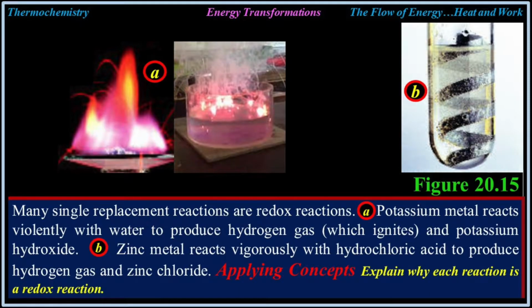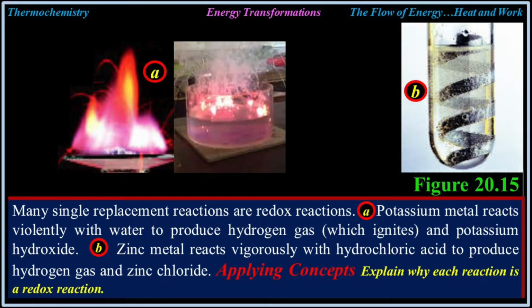Figure 20.15. Many single replacement reactions are redox reactions. Potassium metal reacts violently with water to produce hydrogen gas, which ignites, and potassium hydroxide. Zinc metal reacts vigorously with hydrochloric acid to produce hydrogen gas and zinc chloride.